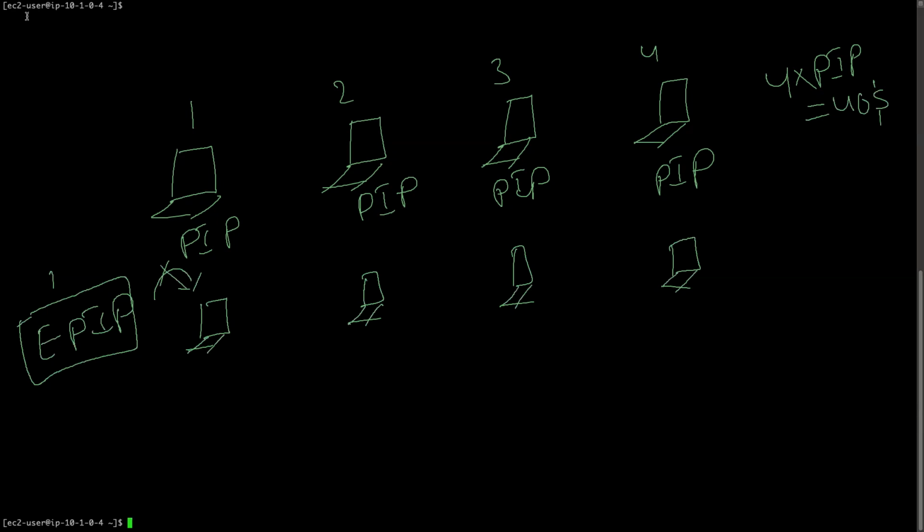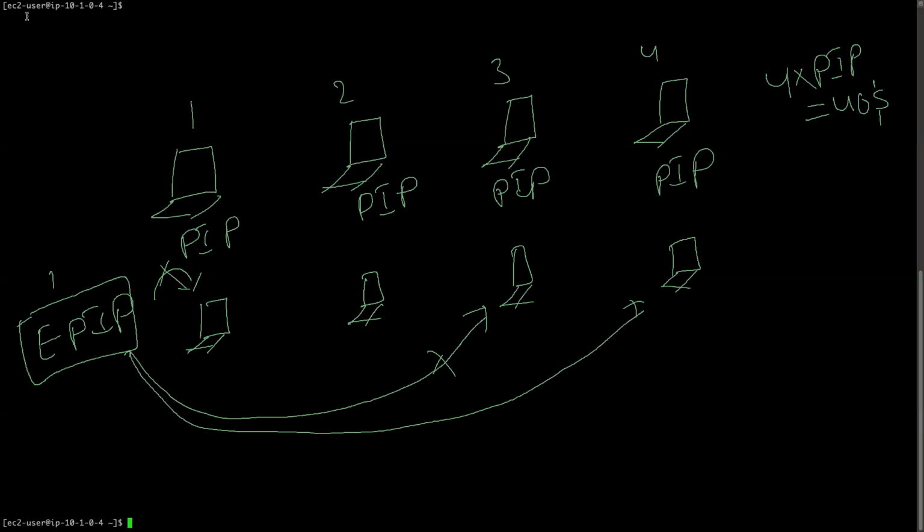If you want to access a third box, you assign the same thing to the third box, and then you disassociate it. And the same way to the 4th box. So technically, you are paying for only one public IP, which is just $10. So which is better? Elastic IP. Yep, that's the reason we use it. This is one use case.